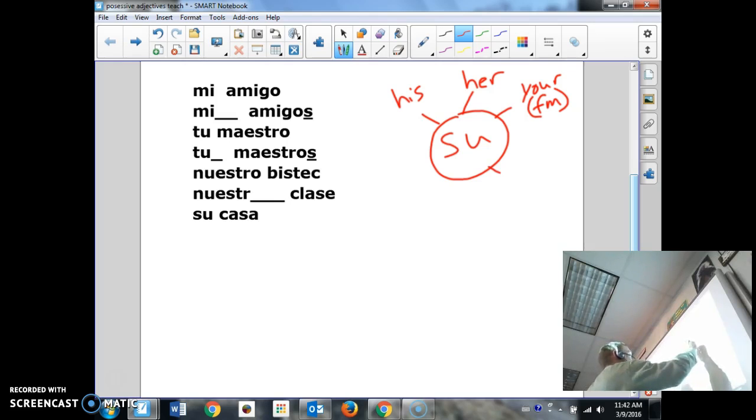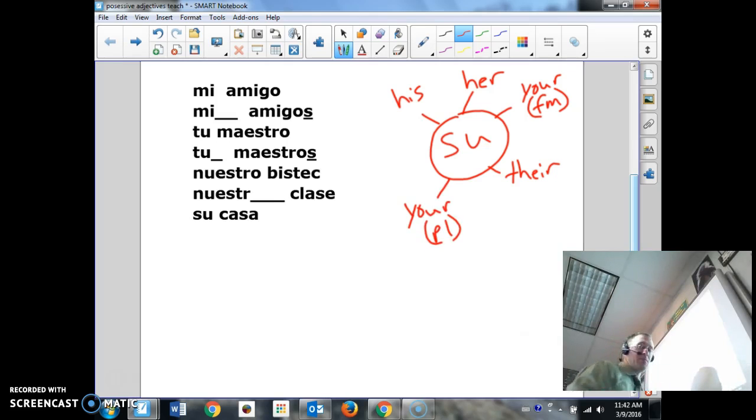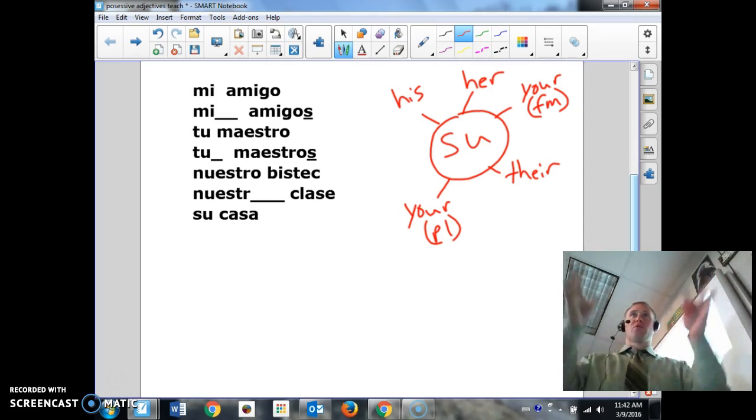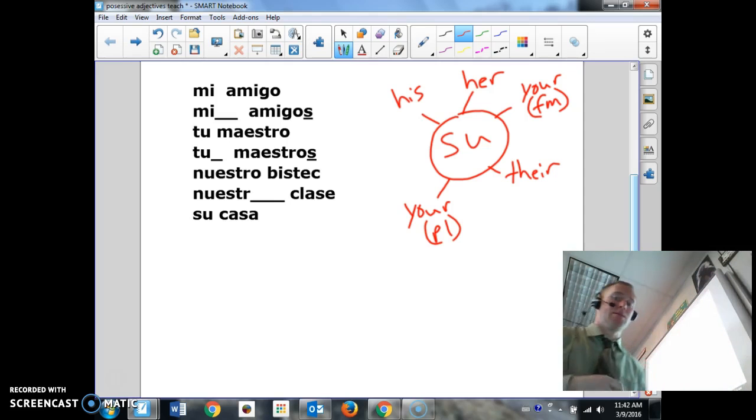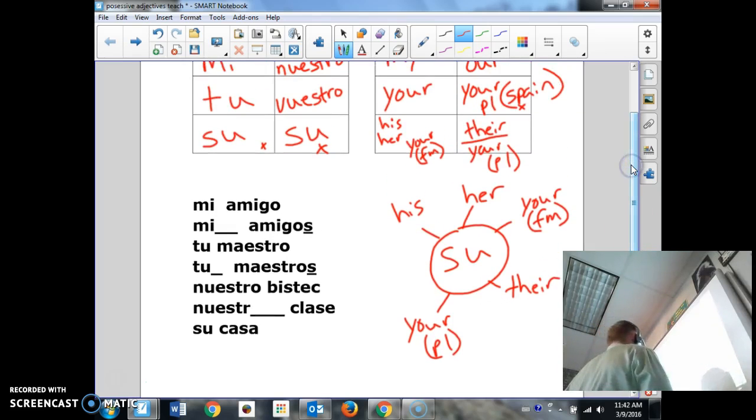Can also mean their. And it can also mean your plural. Talking to 5 family members that live in the same house, and I say, your house is nice. Su casa es bonita. So su can mean 5 things. Buena suerte con eso. All right, let's look at some examples now.